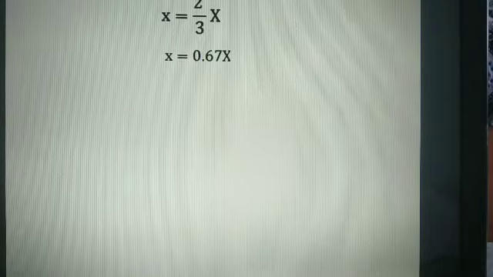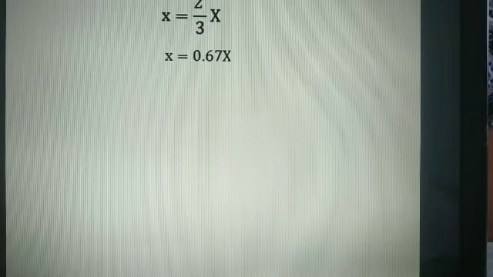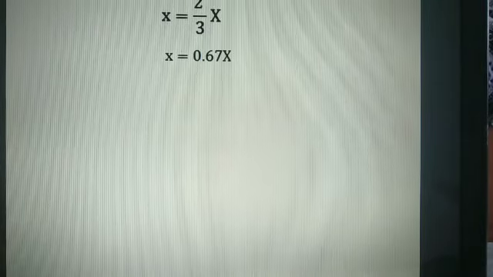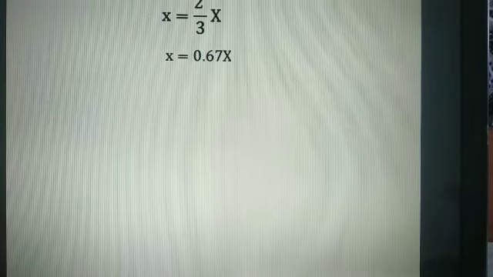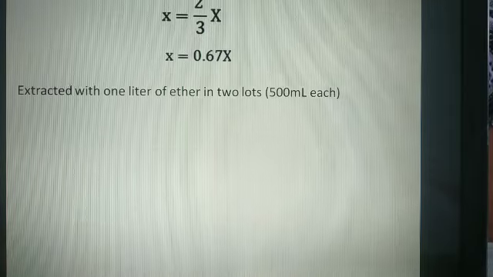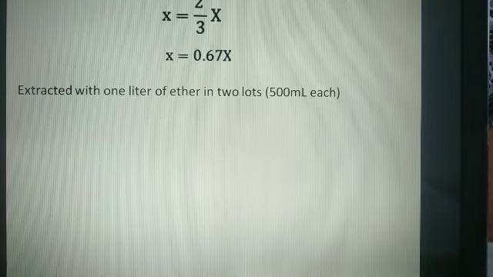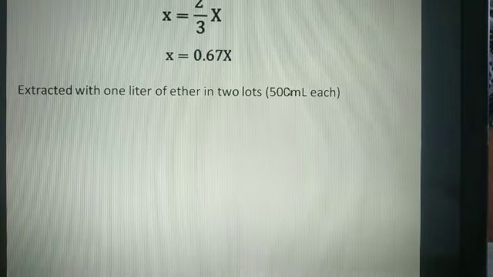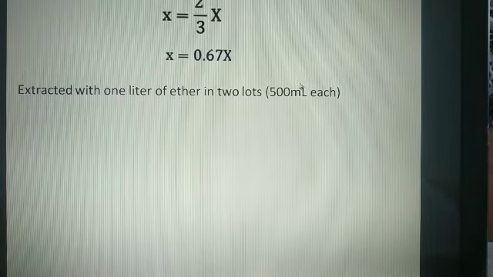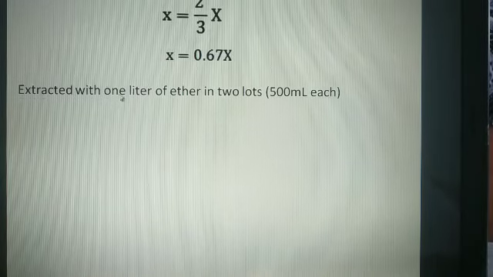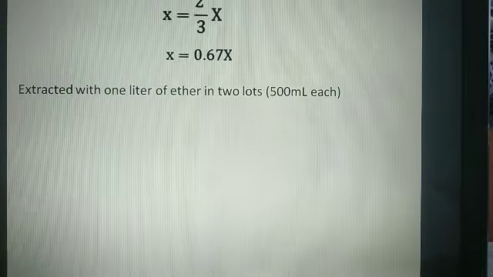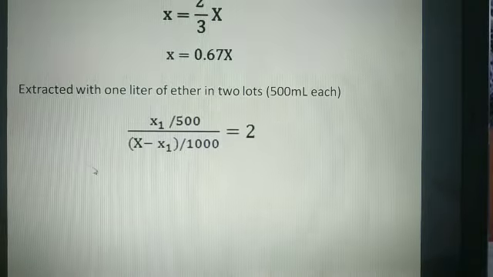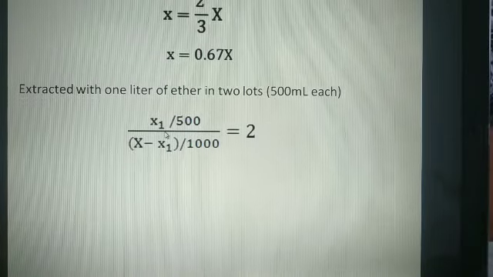Now let us see how it is economical to use the extracting solvent. That solvent ether was used in the one extraction. Now I will use the same ether in 2 lots. That lot will be divided into 500 ml each. So 1 liter of the ether is divided into 500 ml and 500 ml. Again applying this Nernst distribution law.